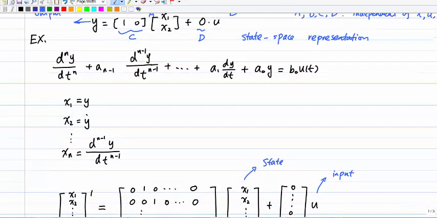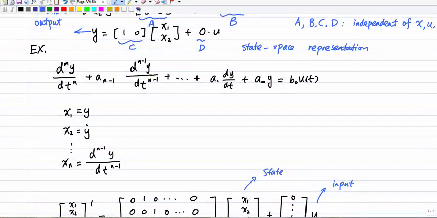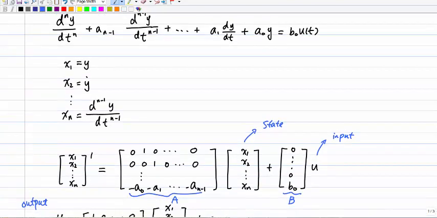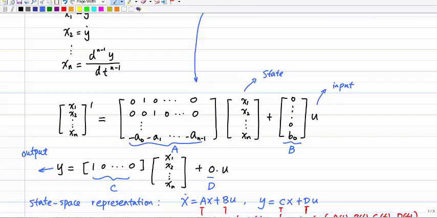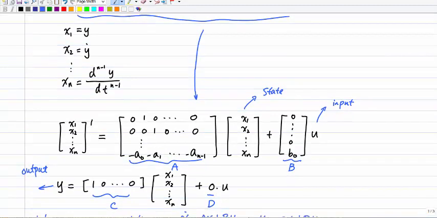Generally, if I define the state variables as x1 is y, x2 is y dot, and xn is d^(n-1) y over dt^(n-1), then we can write this equation into the following form. The derivative of the vector x1, x2, ..., xn is equal to a set of equations. You can tell x1 dot should be x2, x2 dot should be x3, and so on and so forth.